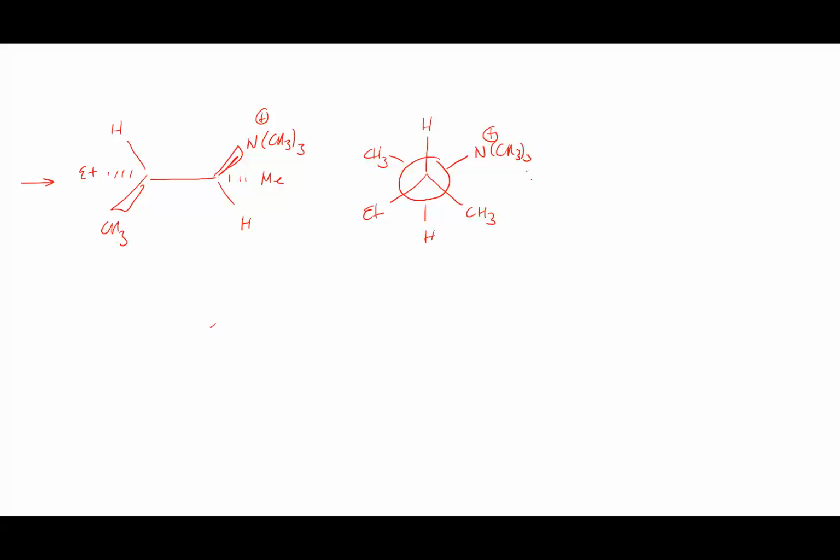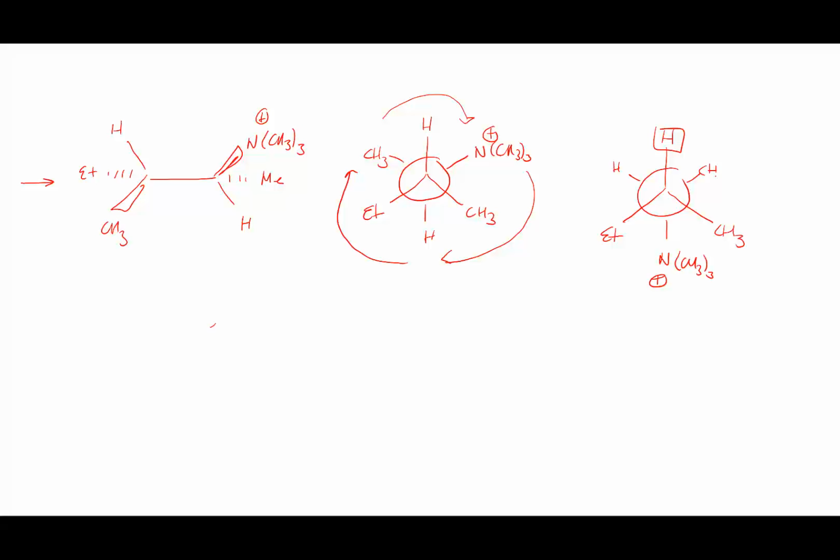So you could put this into the Newman projection. Say I need to rotate the back carbon 120 degrees, so that I put my beta hydrogen I want to lose, then my ethyl group, then my methyl group, and now my nitrogen is going to be on the bottom, the hydrogen is going to be here, the methyl group is going to be there, so that now when I lose those two groups, the methyls are cis, and the ethyl and the hydrogen are cis.